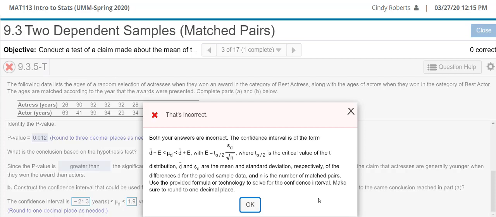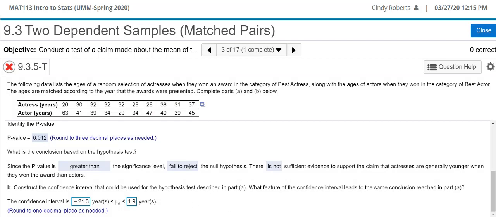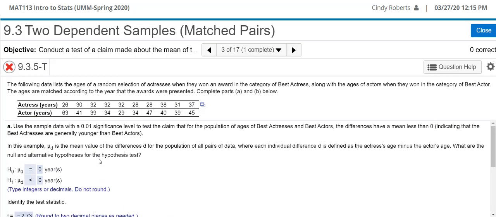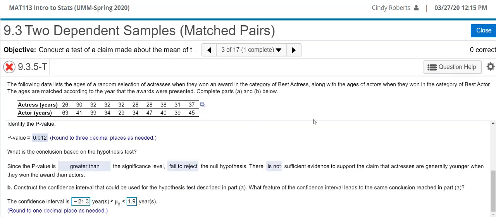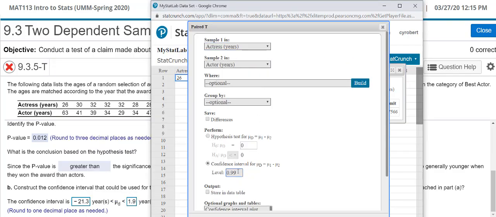Remember I told you when I had 0.05, it actually wanted me to do a 90%. So what I would suggest, since this is a confidence interval and this is one tail, notice that's what this is saying, remember, a confidence interval is two tail. So what you really should be testing is 98%.